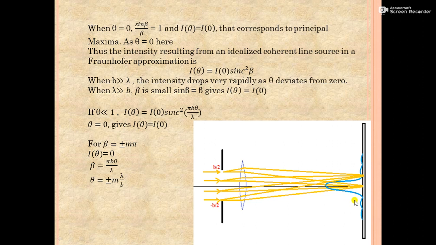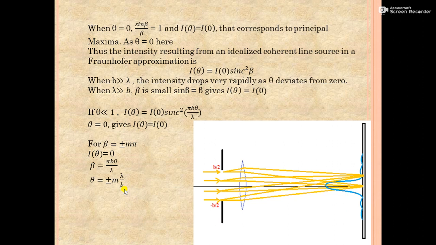The spread of direction is called diffraction. The first minima occurs at lambda by b. So the comparison of the slit width with the wavelength gives the idea of the spread of light. The width of the central maxima is 2 lambda by b.